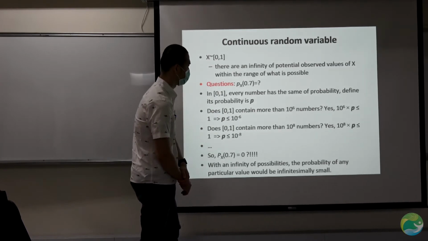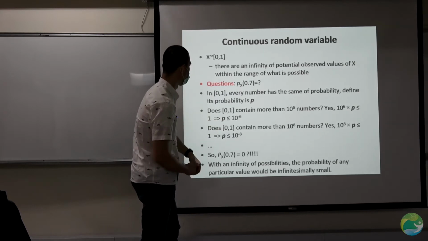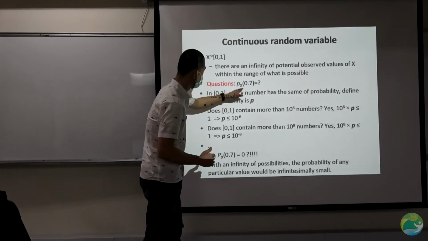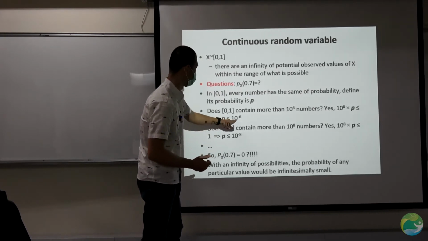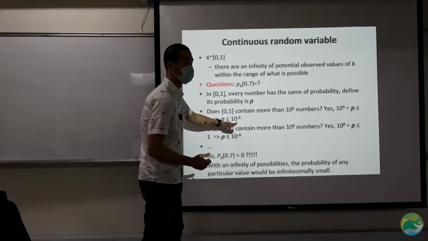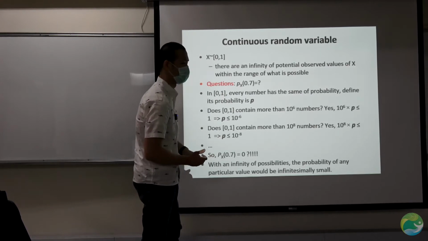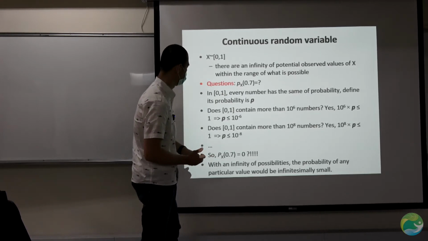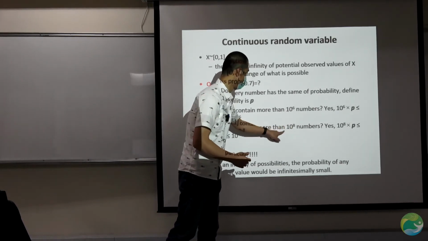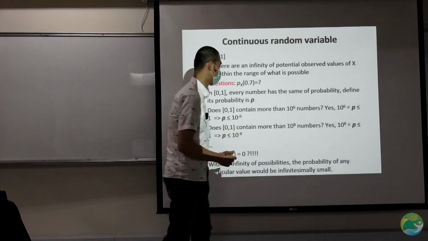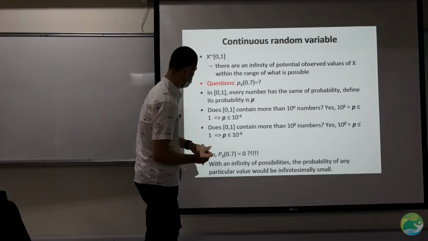So if this is the case, then the probability P of exactly 0.7 should be smaller than this value, right? It should be, because within this range there are so many numbers, right? Does this range contain more than this total number of values inside? I think so. The answer is yes.